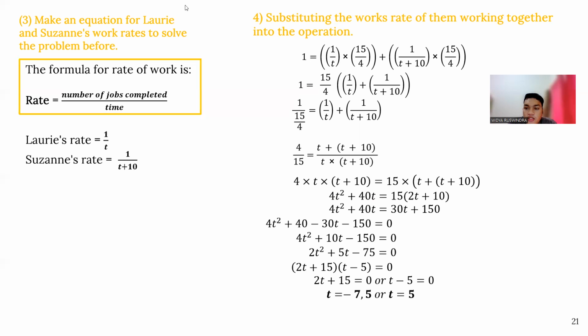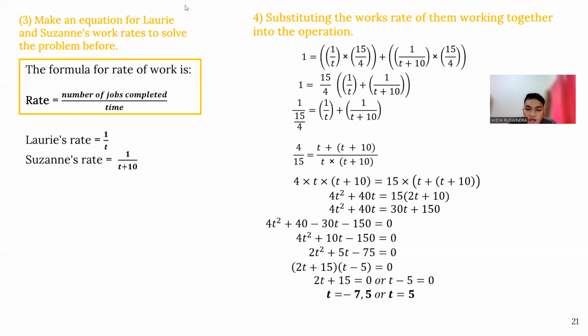We equate the denominators. Dividing by 15/4, the left side is 4 per 15. On the right side, we equate the denominator and we get (t plus t plus 10) per t times (t plus 10).